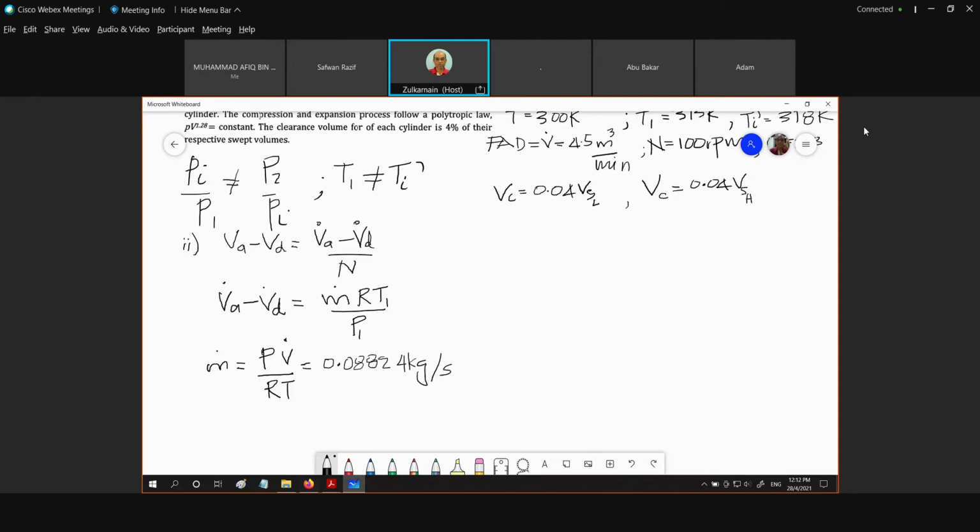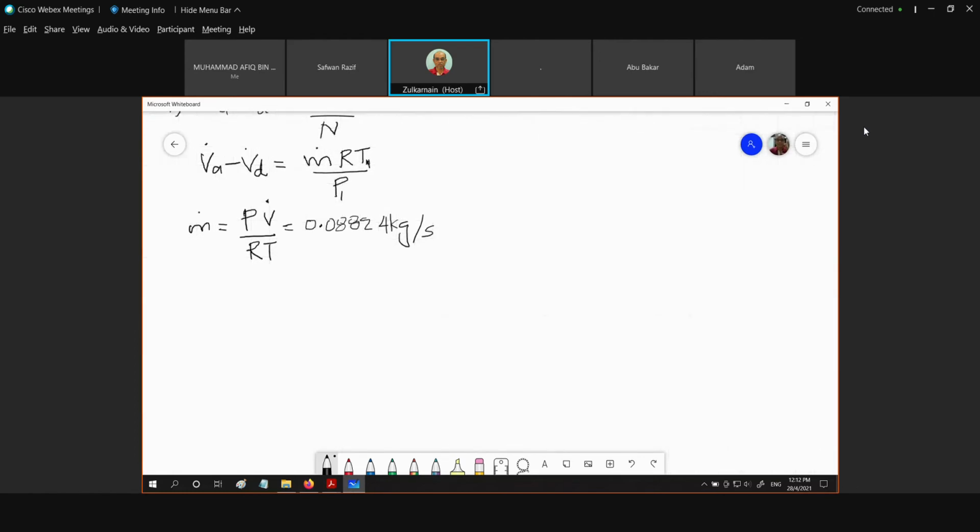So once we have determined the m dot, then we could get what is V dot A minus V dot D. Okay, V dot A minus V dot D. So we put the values in this equation.